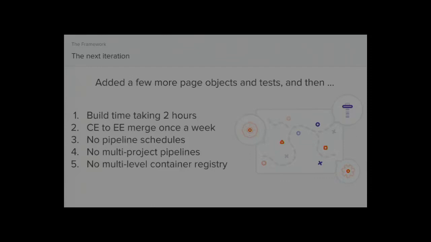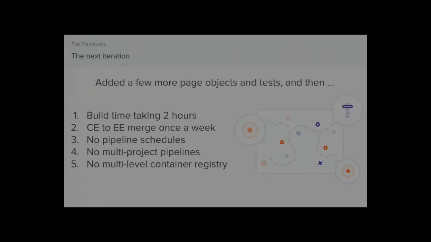In the next iterations, we added some page objects. We implemented new tests, and then we encountered our first major problem, like build time taking almost 2 hours to build a GitLab package and Docker image that we later wanted to test.